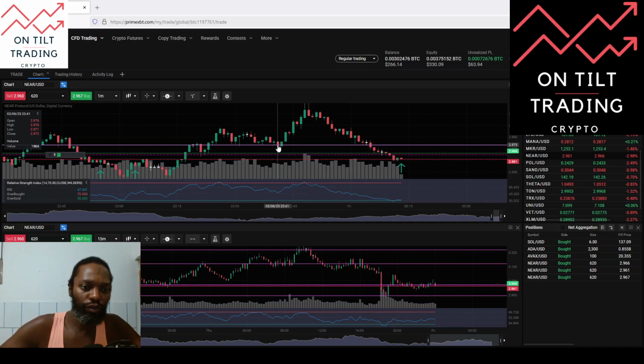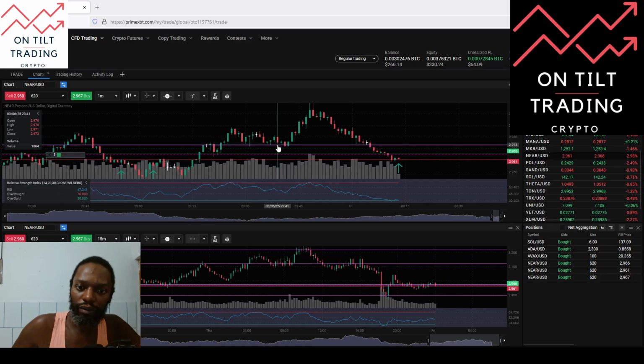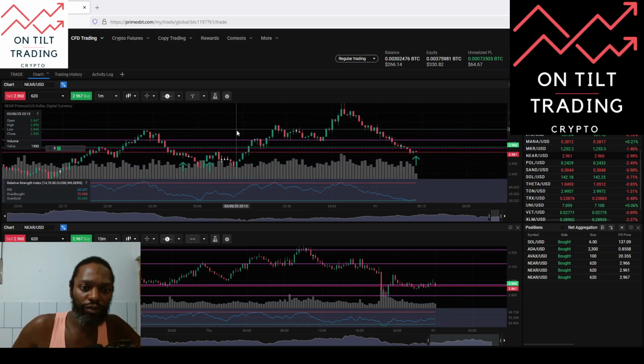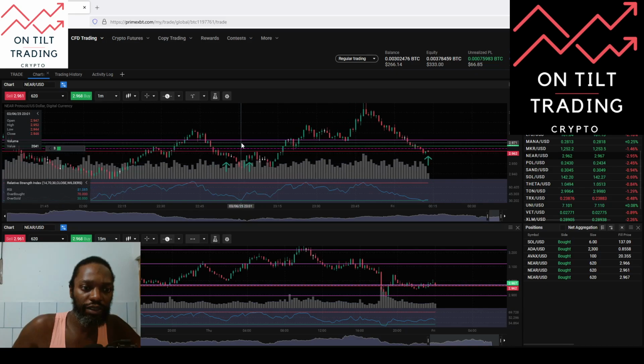So my risk to reward was such that I was able to use the same stop as I did for my first 2 orders, which my stop is, actually no, I moved this stop up. My previous stop is back here.